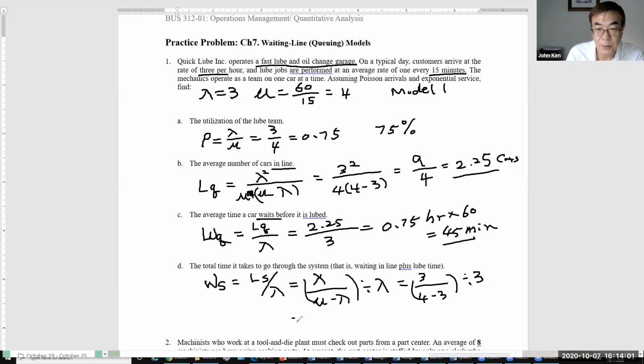So that will be 3 divided by 3 equals 1. It is now about an hour, equals 60 minutes.